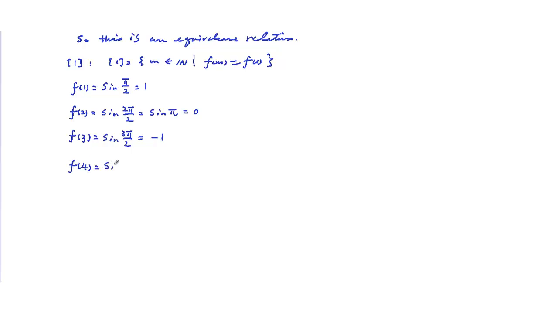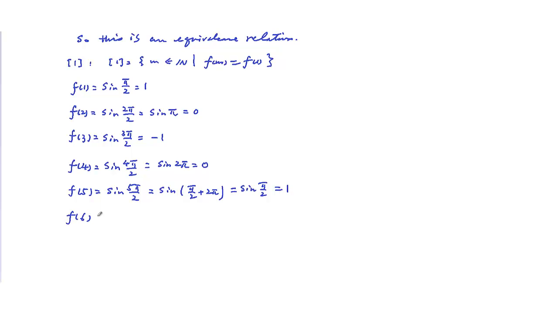f(4) means sin(4π/2). Cancel 4 with 2, you get sin 2π, and remember, sin 2π is 0, right? By the way, if you forget, you can check a calculator, but it is good to remember these special values. f(5) is sin(5π/2). 5π/2 can be written as π/2 plus 2π, and sine is a periodic function with period 2π, so this reduces to sin(π/2), which equals 1.